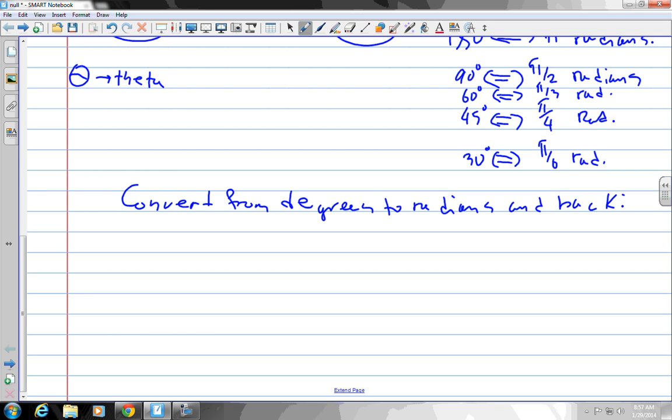So this is how we convert degrees to radians. Basically, you take your measure in degrees and you multiply it by pi over 180. So that will actually convert the measure into radians.